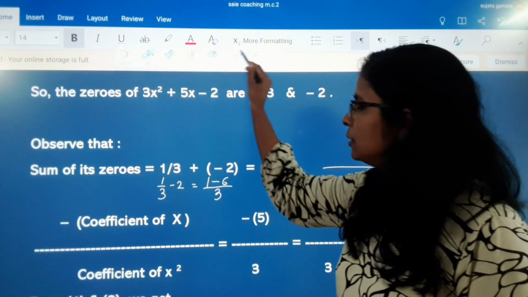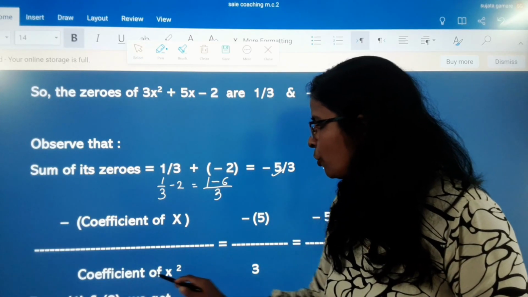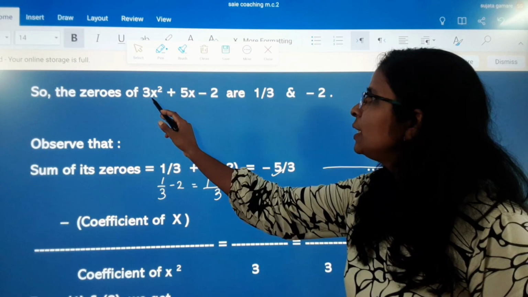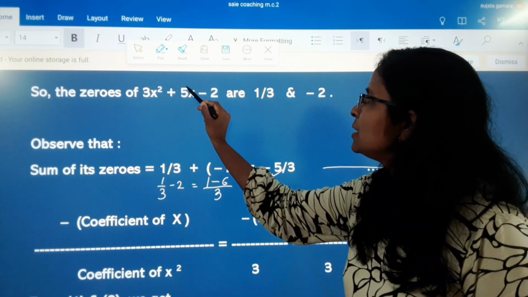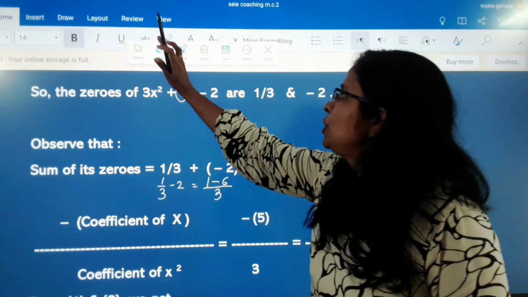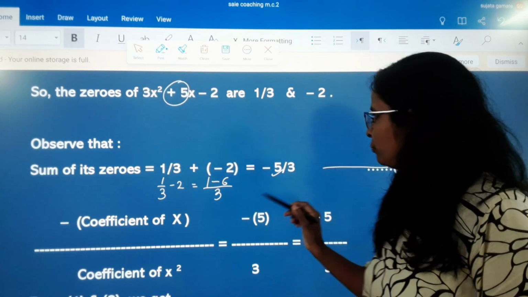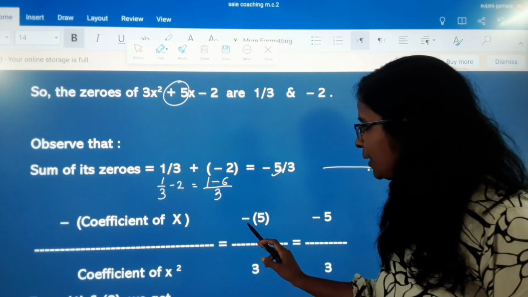Now the next one, that is minus coefficient of x upon coefficient of x square. Our polynomial is 3x square plus 5x minus 2, so the coefficient of x is positive 5, and the minus sign is outside the bracket.